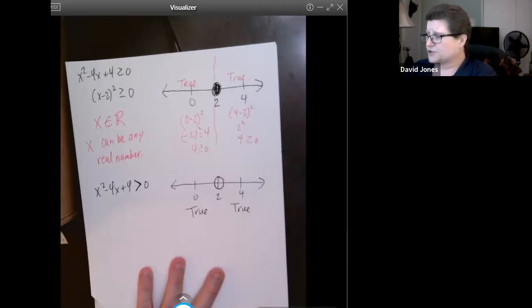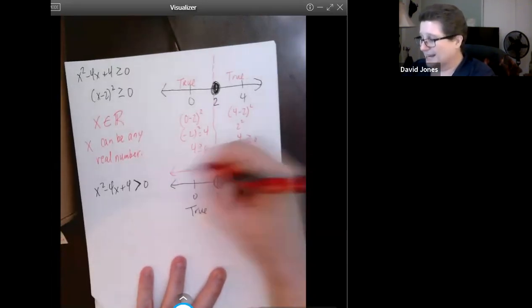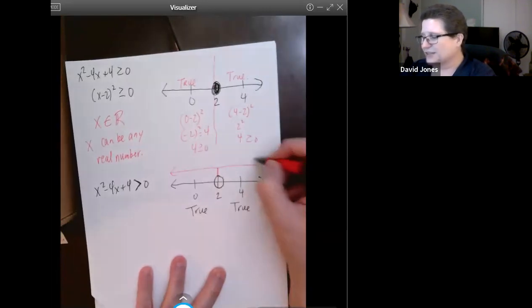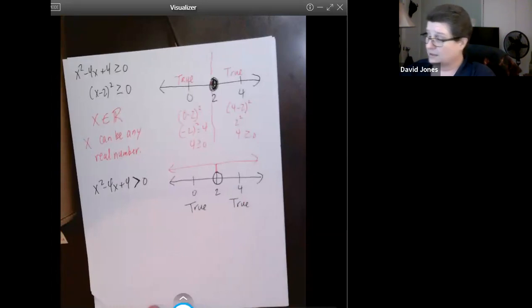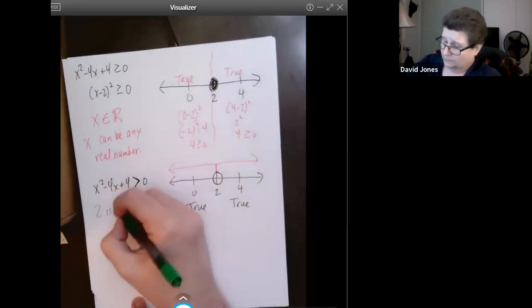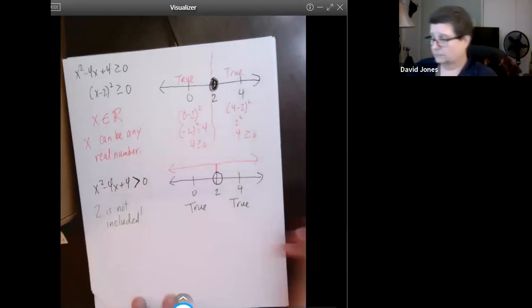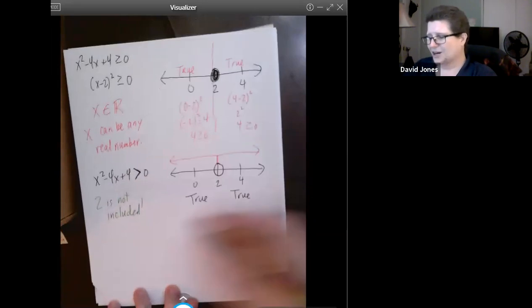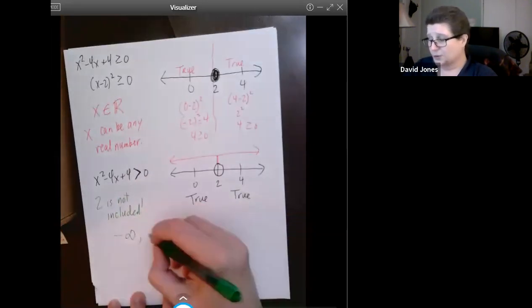It's true to the left, it's true to the right, but it's not true at 2. I could do an arrow going both ways. That's a little confusing looking though, because the 2 is not included. So I have negative infinity all the way up to 2.